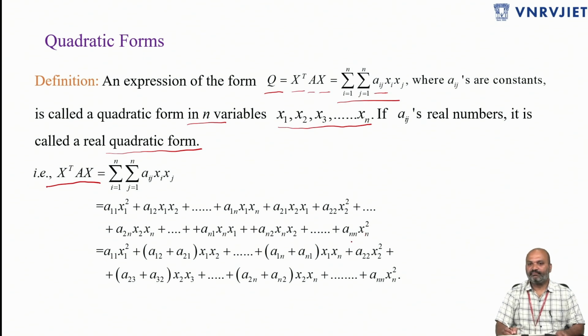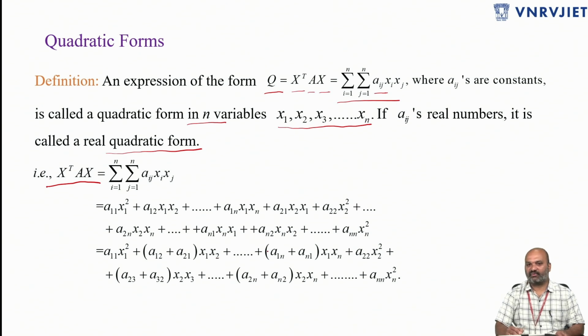Here the variables x1, x2, x3, so on xn have square terms and product terms. Now let's simplify this one. A11 x1 square. We have an x1 x2 term as well as an x2 x1 term. x1 into x2 is the same as x2 into x1, so combine these two terms. The coefficient is a12 plus a21 into x1 x2, and so on.